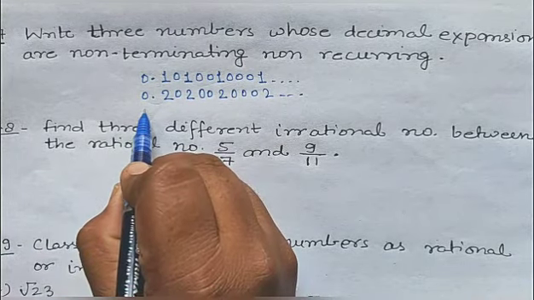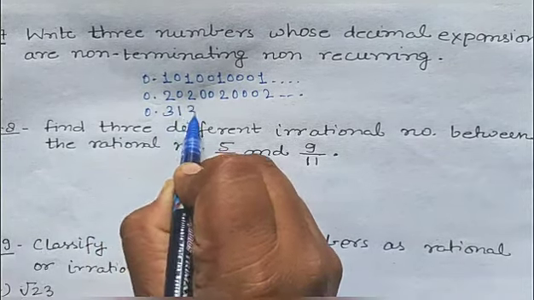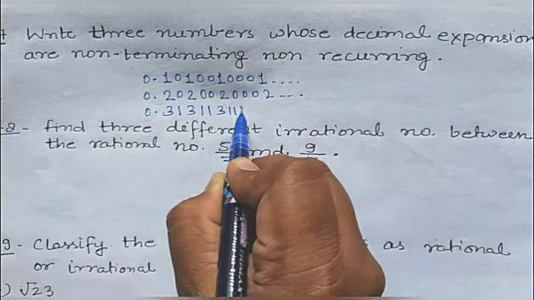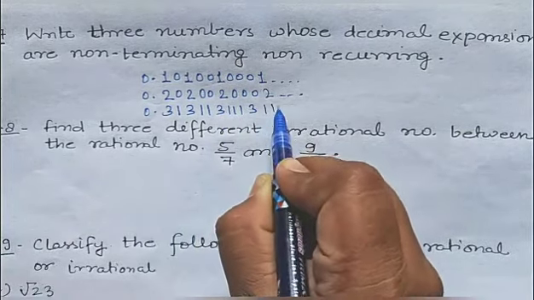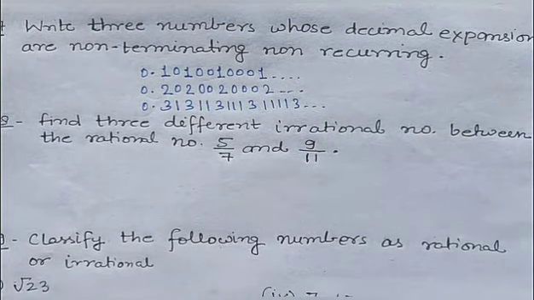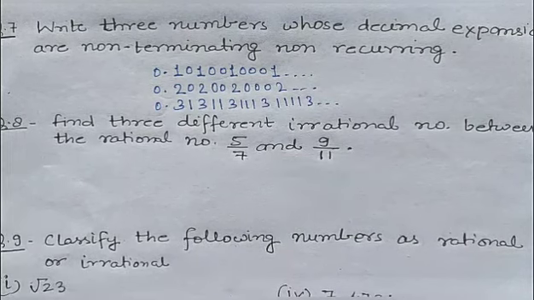Third number, suppose we write 3 1 3, increase the number of 1s: 1 1 1 3 1 1 1 3 1 1 1 1 3, and so on. So simply we can write irrational numbers like this.